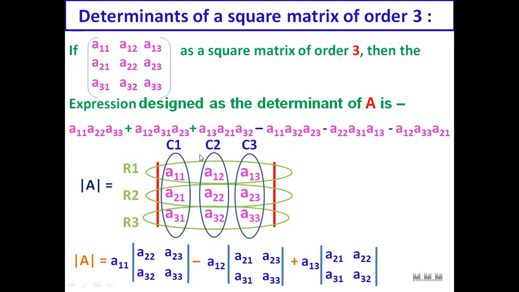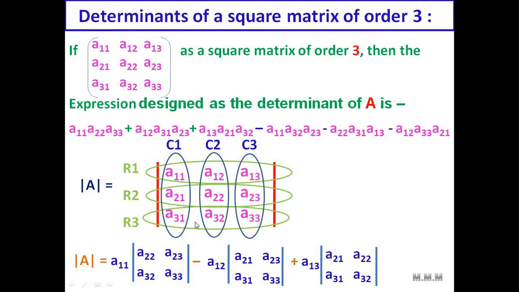One thing, here the matrix has been separated in different colors. There are R1, R2 and R3. The horizontal arrangement is known as a row. There are 3 rows and 3 columns because this matrix is of order 3 by 3.